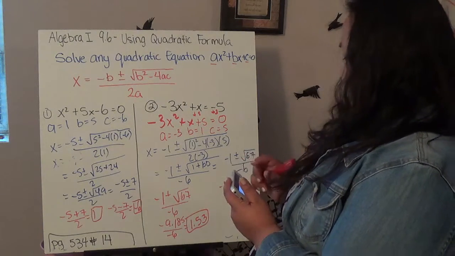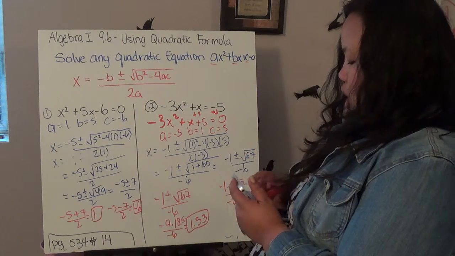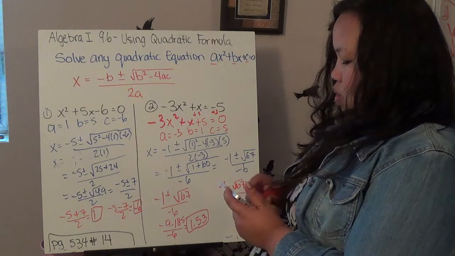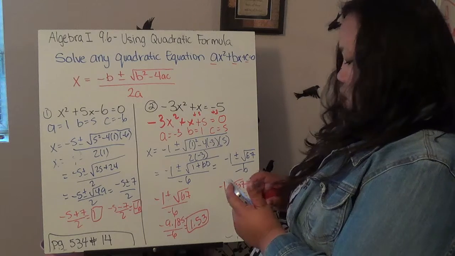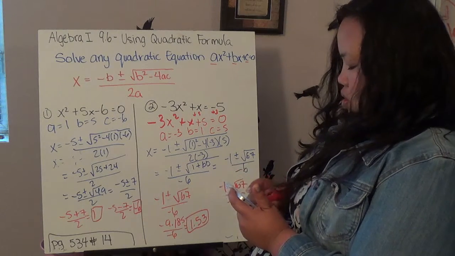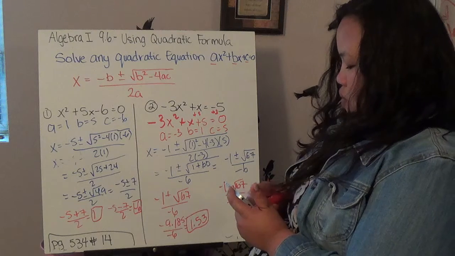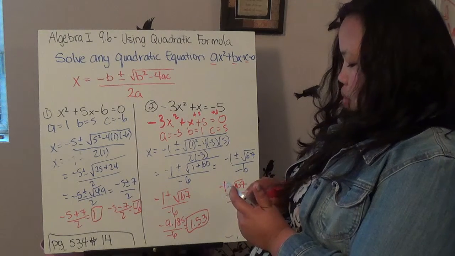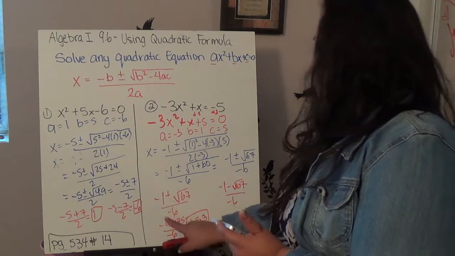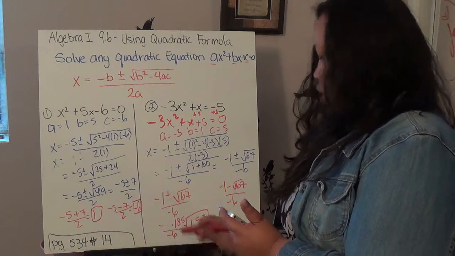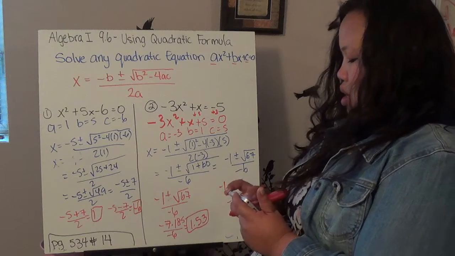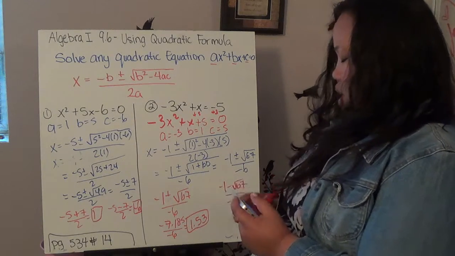And then my next one is -1 plus the square root of 67. Oh, I did something wrong. -1 plus 67. Okay, sorry. This is supposed to be 7. And I divide that by 6.